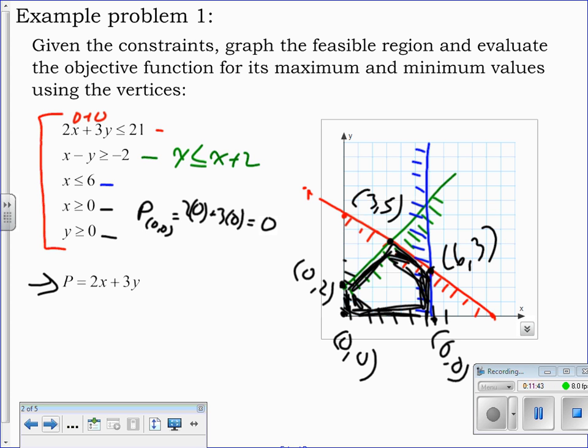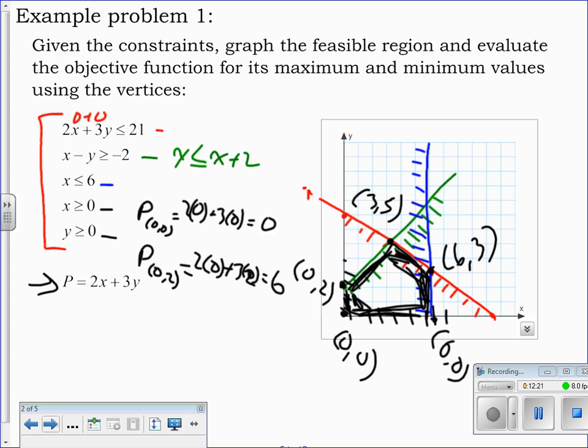Pick one and go either clockwise or counterclockwise until you get back to it. I'm going to go clockwise, so my next point is 0, 2. 0 for x, 2 for y. 2 times 0 plus 3 times 2, my bad, is 6. Okay, you with me so far?